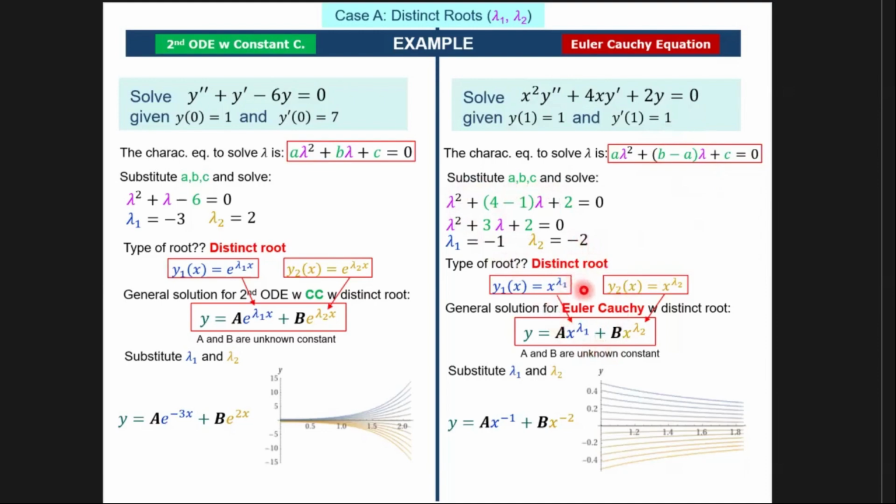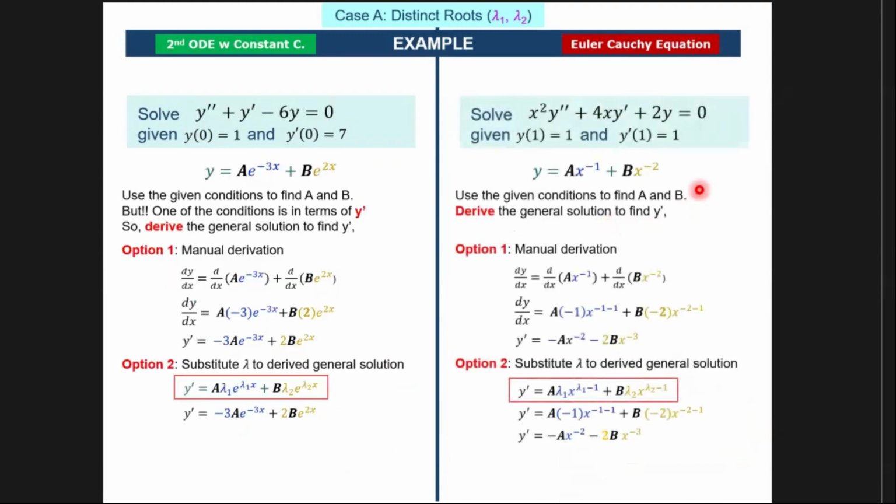Then you know that it is distinct roots, and you substitute into the general solution and you will get the general solution. When you plot this, y equal to a x to the power of negative 1 plus b x to the power of negative 2, you will get this graph, a family of solutions.